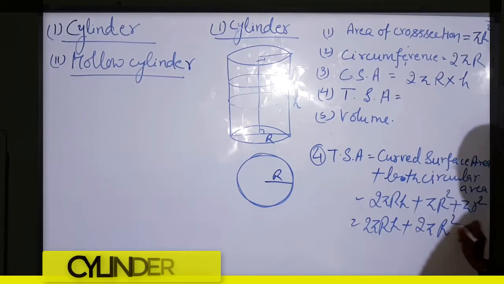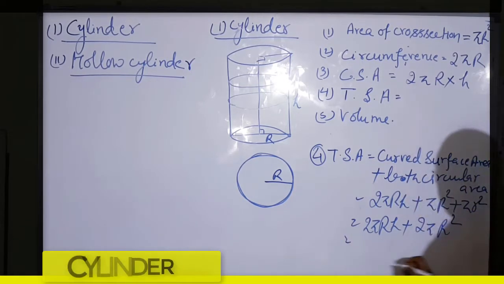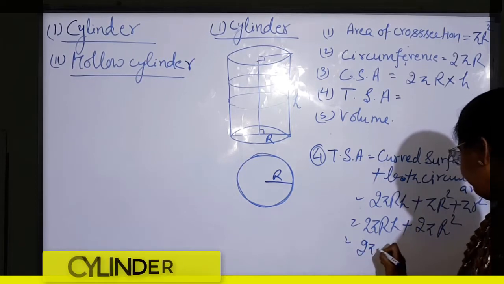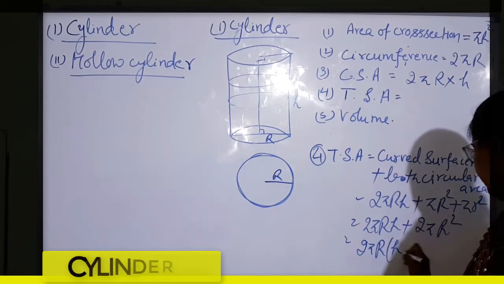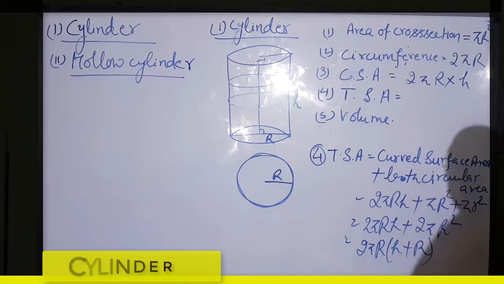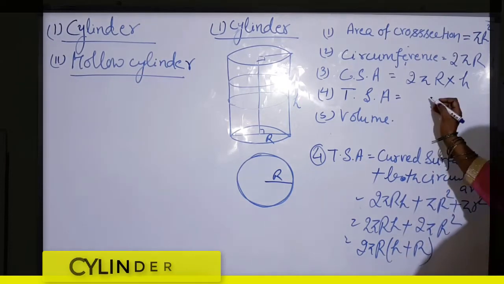You can take 2 pi r common: 2 pi r into h plus r. That is the total surface area.